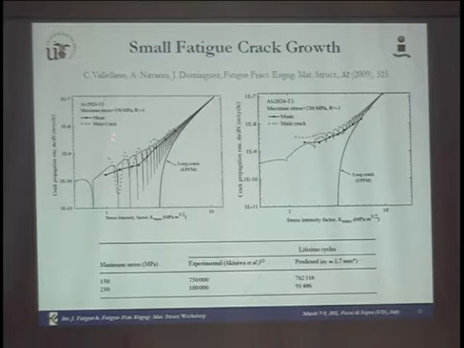They are results for small cracks using an aluminum alloy 2024, and we can see here in dashed line the evolution of a small crack and the mean crack propagation rate for different specimens, and we can see also the prediction by the model. This picture is for a maximum stress of 150 megapascal, and this one is for 230 megapascal.